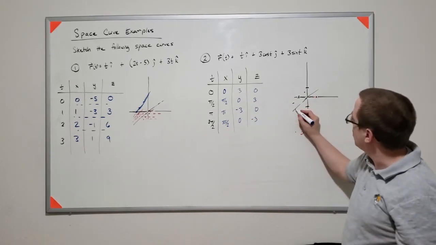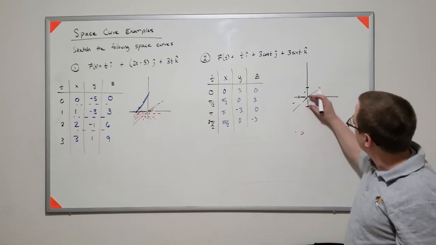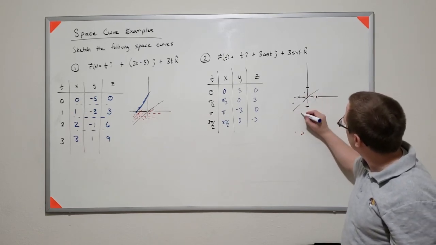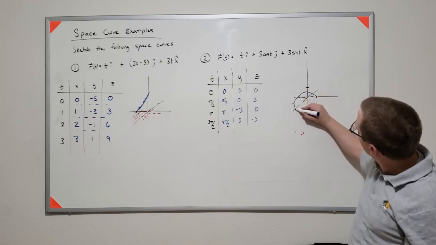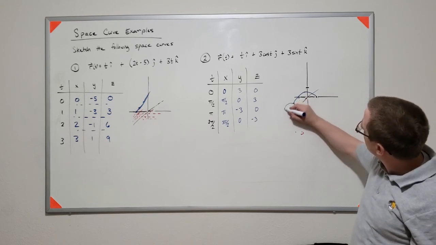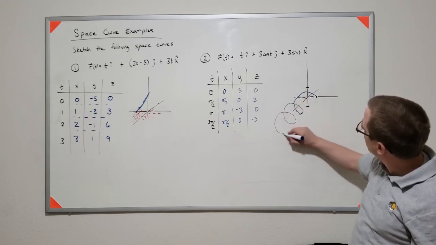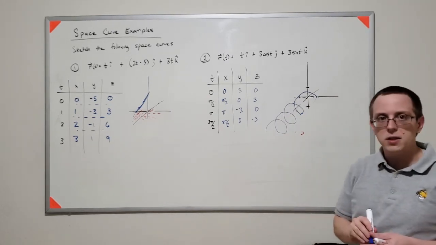So you're kind of out here. But z is now at negative 3, so you're down here. So what you find is you're creating this corkscrew or helix.